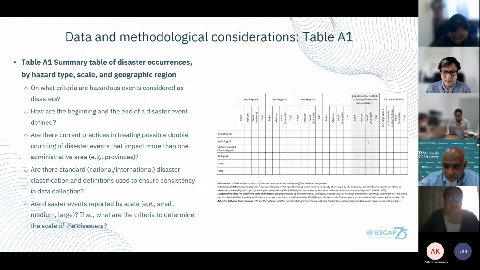So the classification of hazards or disasters is based on their recognition, not strictly set definitions or thresholds, because it's voluntary.